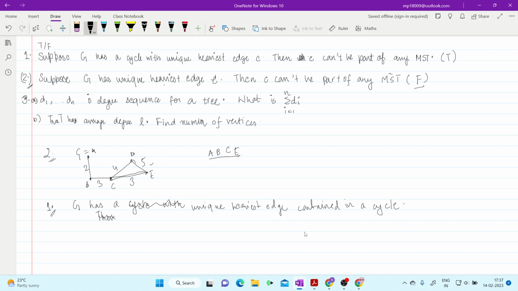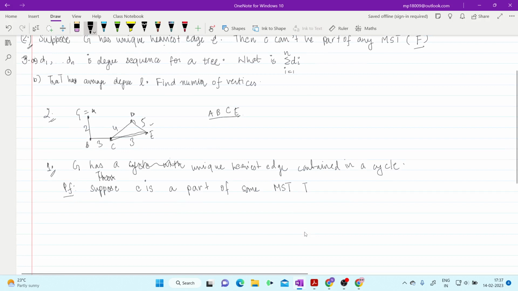We'll prove this by contradiction. So suppose E is a part of some minimal spanning tree T. Then T minus E. What can you say about T minus E? Will this graph be connected or disconnected?